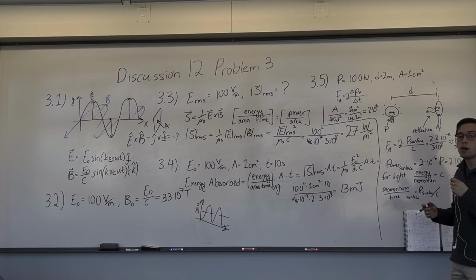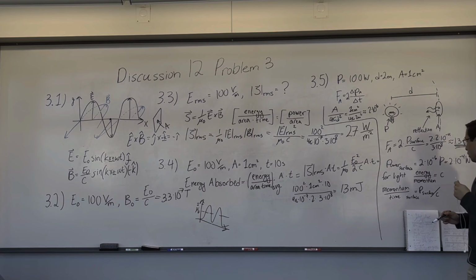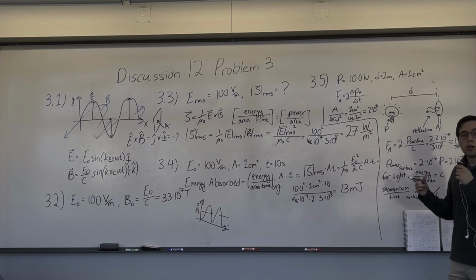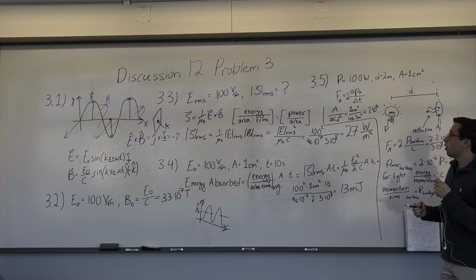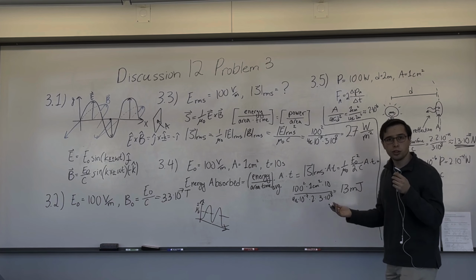You literally have a sail, and the sunlight hitting it will push the solar sail. Okay, so that's all of problem 3. Hopefully you were able to follow some of these later problems here. But yeah, I hope that was good.